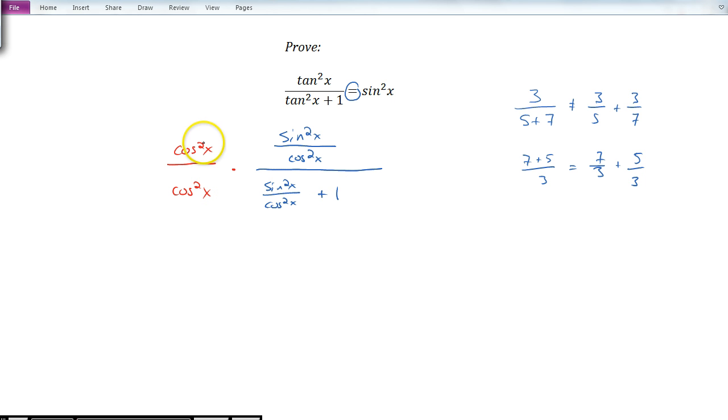This is a totally legal move. It doesn't presume the equal sign is true. I'm just multiplying the fraction on the left side by a form of 1. And it's a good choice of form because it enables me to rewrite my expression in this way. Sine squared x over, this is going to be sine squared x plus cosine squared x.